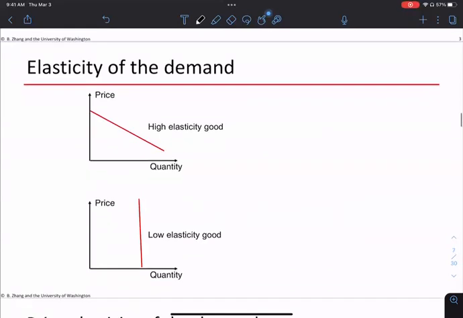Electric power certainly falls in this category. This is very low elasticity. What causes it to be so low? This is normally an essential good, and the idea is there's no substitution.